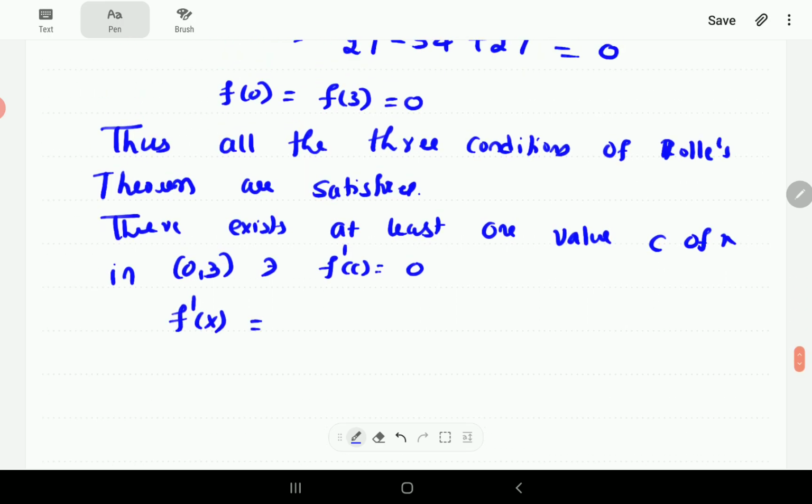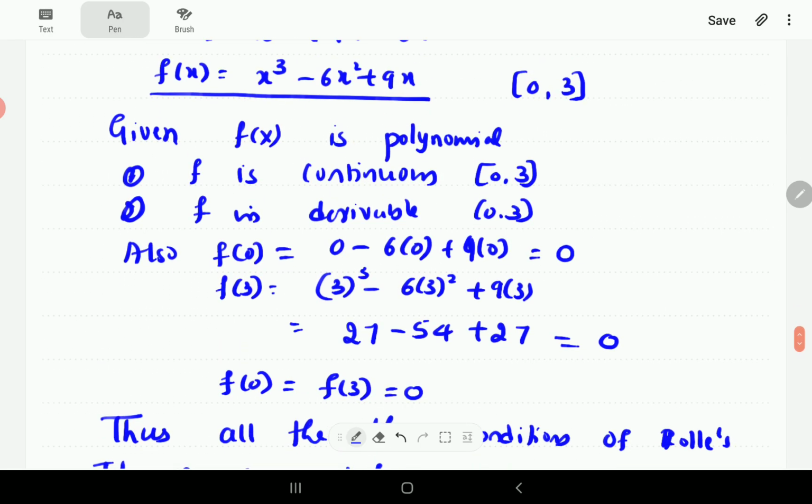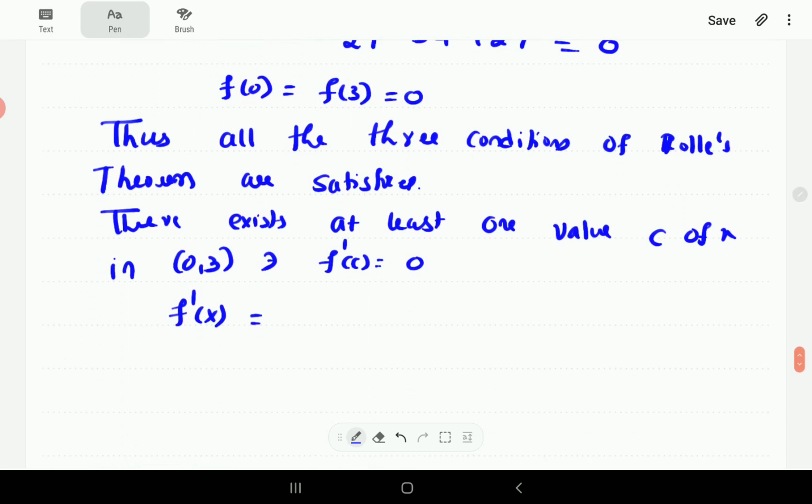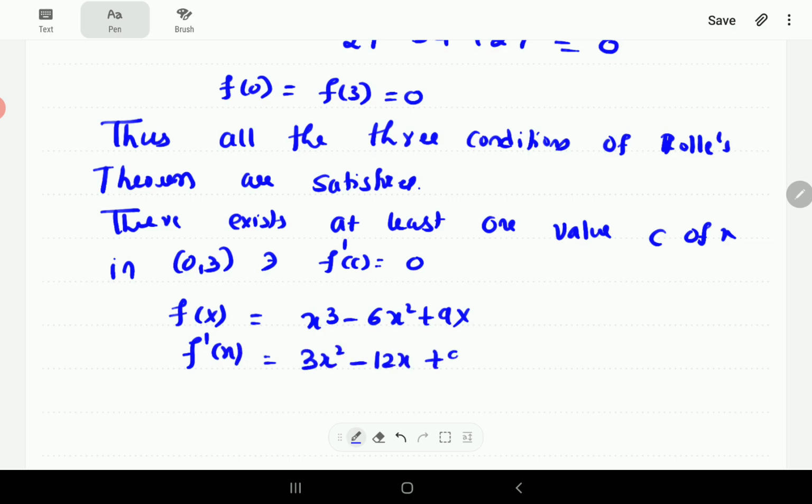So f of x is x cube minus 6x square plus 9x. This gives us f dash of x as 3x square minus 12x plus 9.